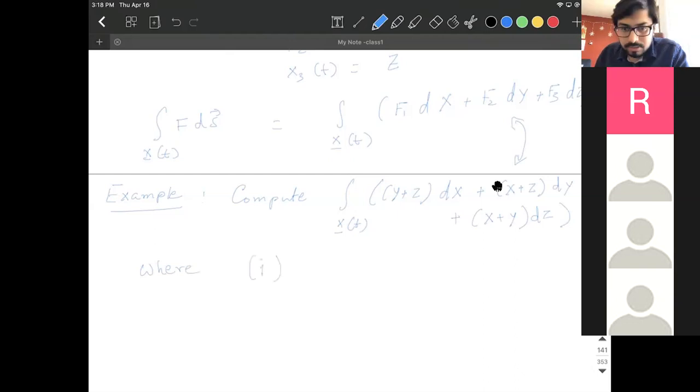So there are two cases. Number one, x(t) is fairly simple. This is (t, t², t³), with 0 less than or equal to t less than or equal to 1.